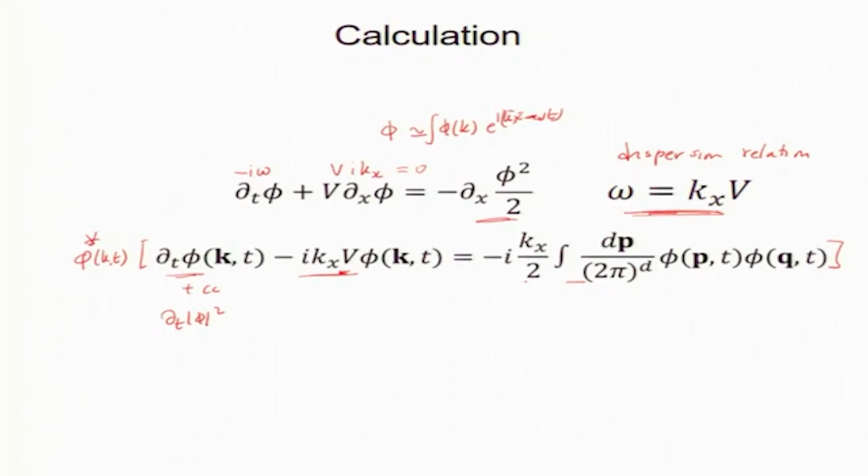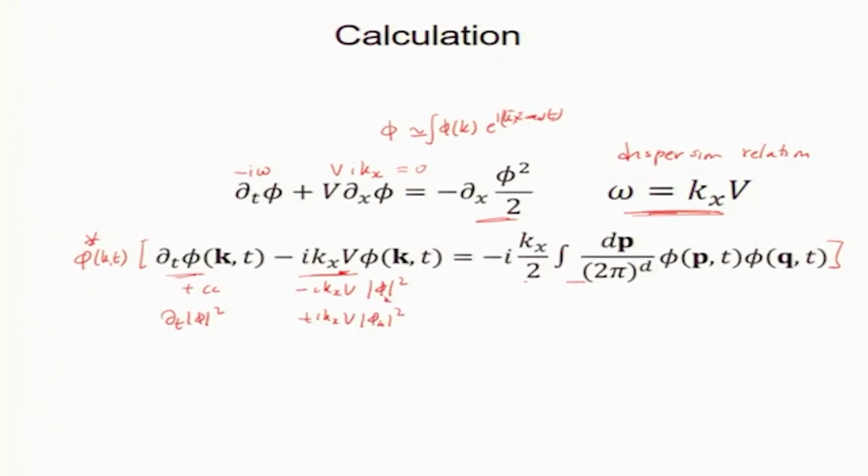But what happens to this linear term when I add the complex conjugate? It cancels, right, because look, here is minus ikx V mod phi k squared. Now, when I do the complex conjugate, it becomes plus ikx, same thing, with this mod phi k squared. When I add them, it becomes 0.